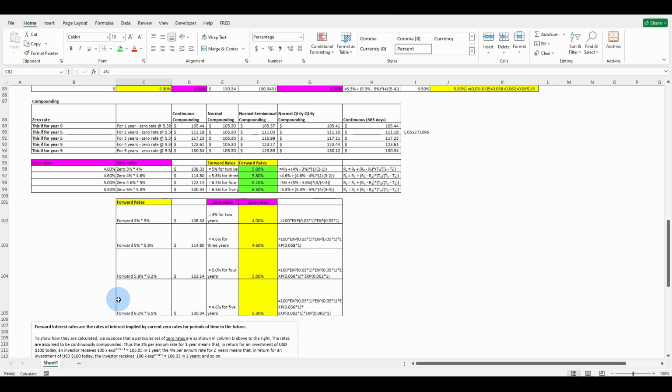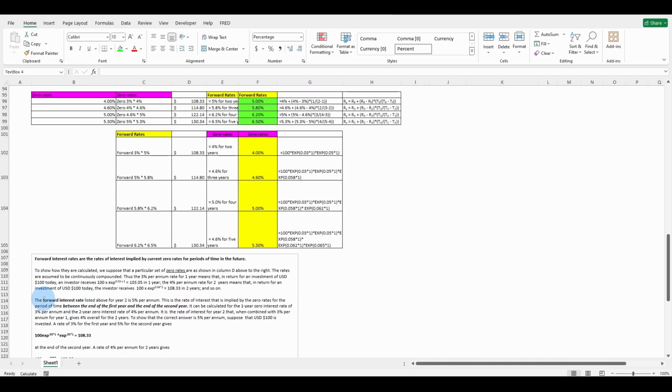The forward interest rate, notice the difference between zeros and forwards. Forward interest rate listed above for year 2 is 5% per annum. This is the rate of interest that is implied by the zero rates for the period of time between the end of the first year and the end of the second year. It can be calculated from the 1 year zero interest rate of 3% per annum and the 2 year zero rate of 4% per annum.